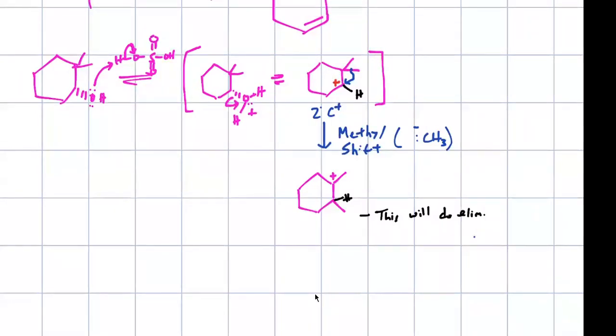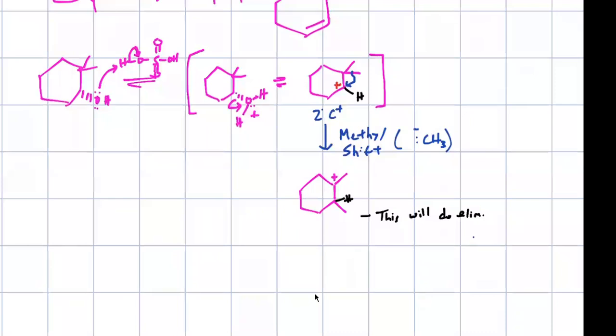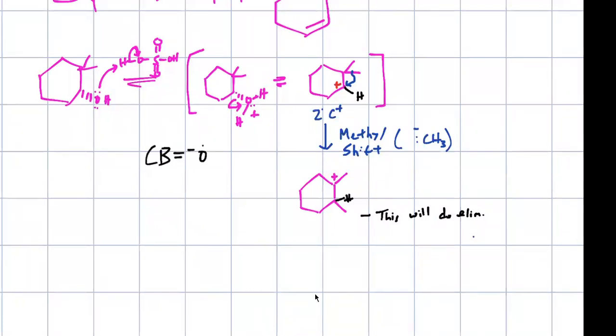So the conjugate base from sulfuric acid, what you'll get after that first step. Right, so it's that conjugate base that's going to come in and remove that proton.